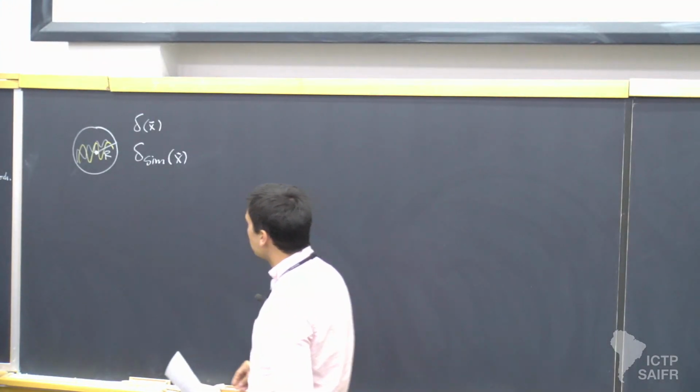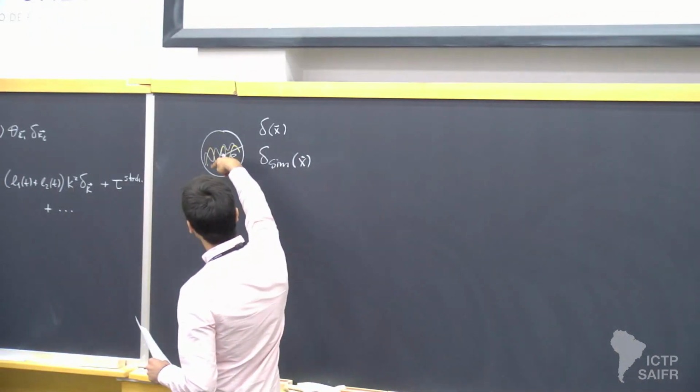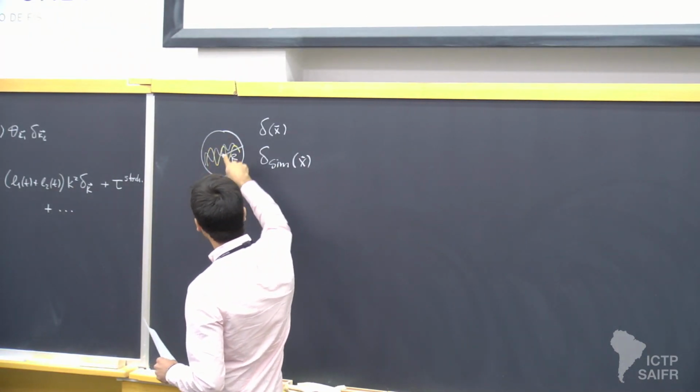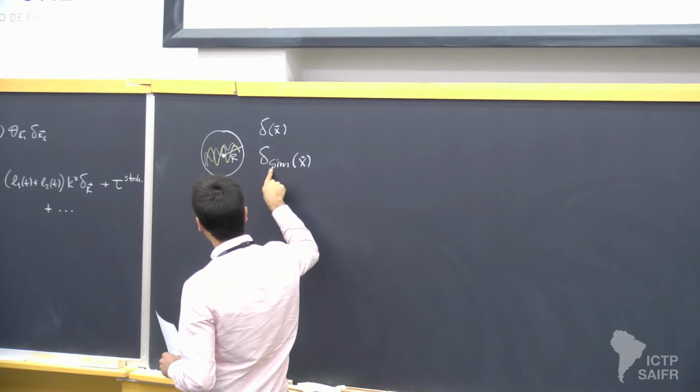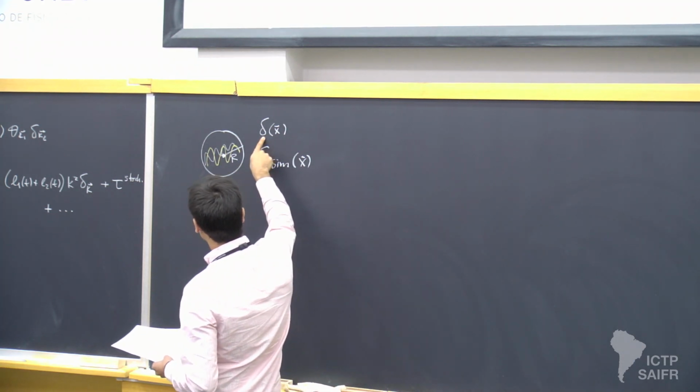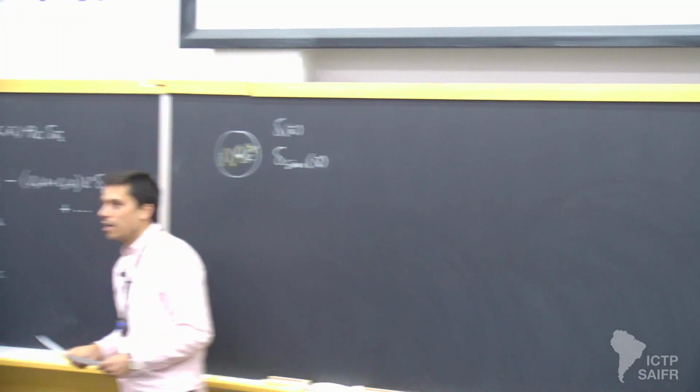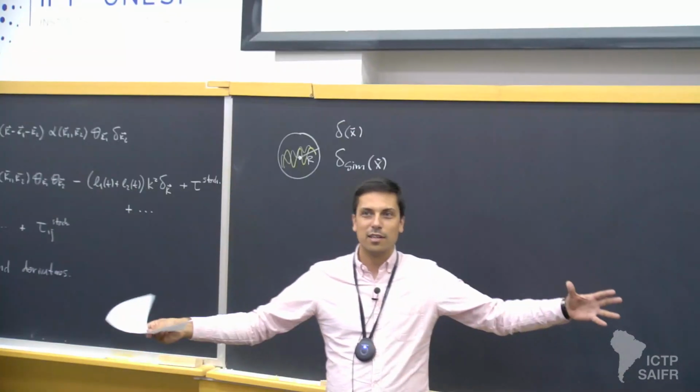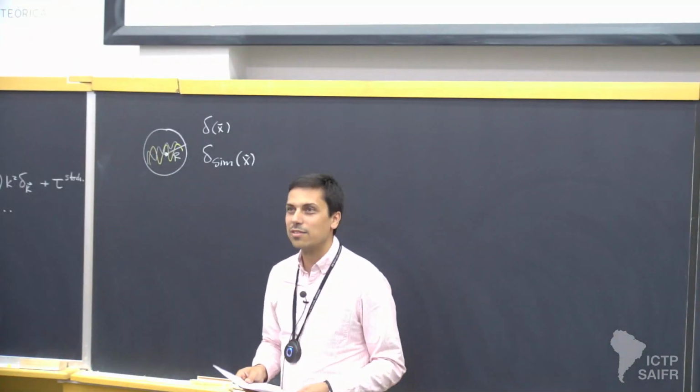So now the question is about this small difference on short scales. The small difference between the simulations, which are maybe the truth, let's call them the truth, and this other field which you calculate in perturbation theory, how does it look? Does it affect long wavelength modes? This is the question.